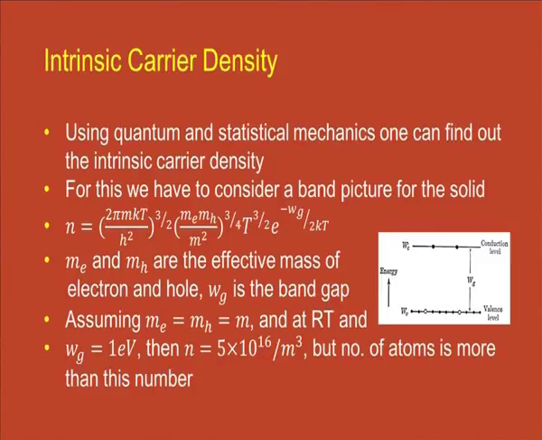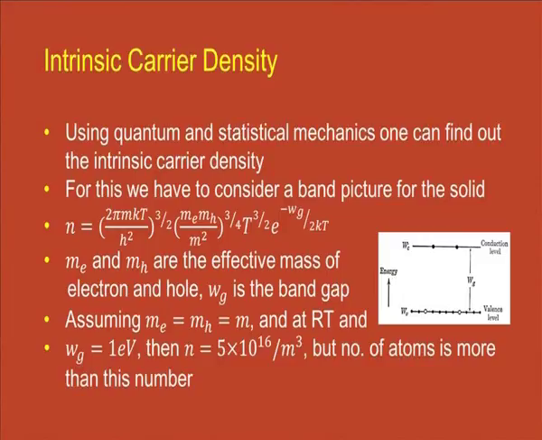Now, we can derive the carrier density in intrinsic semiconductor, and we can come up with this formula: N, which represents the carrier density, is equal to (2πmkT/h²)^(3/2) × (m_e m_h/m²)^(3/4) × T^(3/2) × exp(−ω_g/2kT).